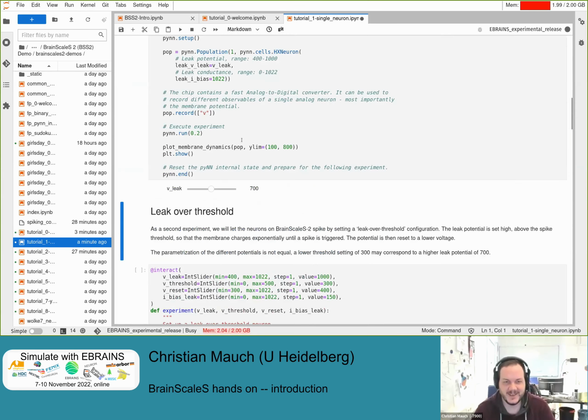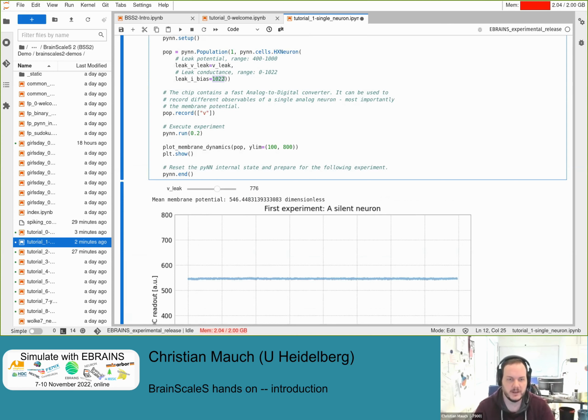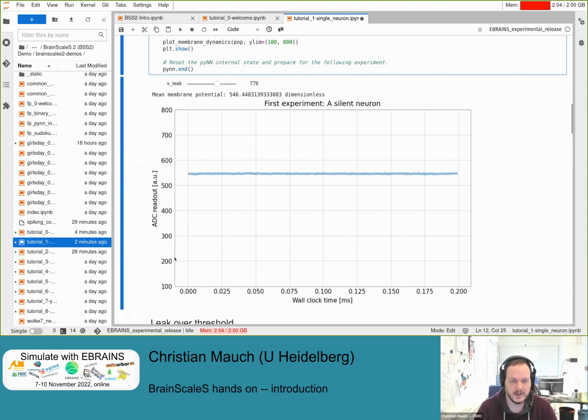To note here, these values are basically arbitrary hardware values of analog to digital converters and digital to analog converters. So they don't have an explicit unit, but they correlate, in this case, to a voltage. And the readout is again in such arbitrary numbers, and roughly 0 to 1 volt is the translation.